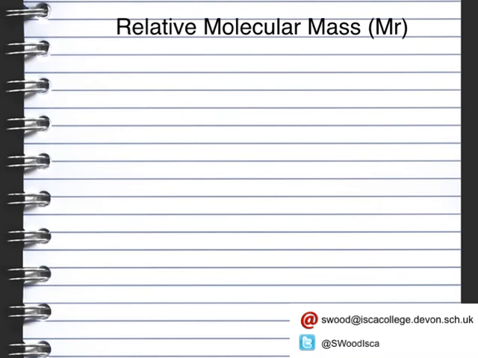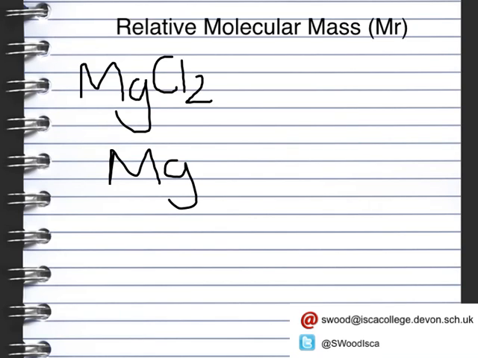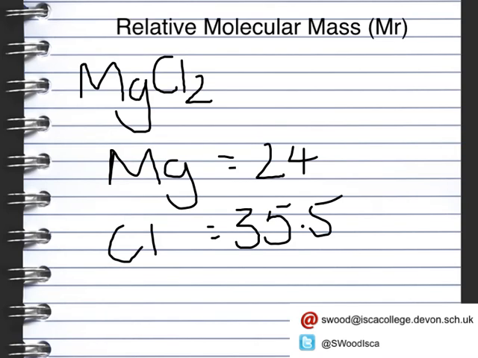Now the next one we will look at is magnesium chloride. So if magnesium chloride has this formula, magnesium has a mass of 24 grams per mole. Chlorine has a mass of 35.5 grams per mole.